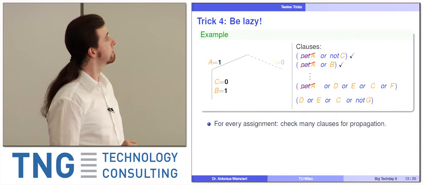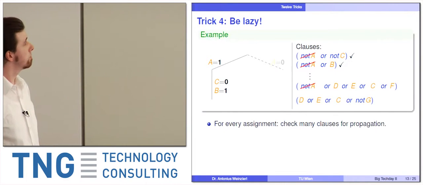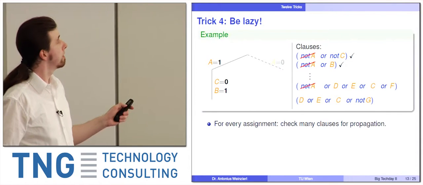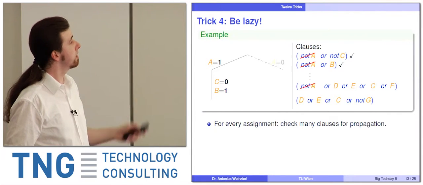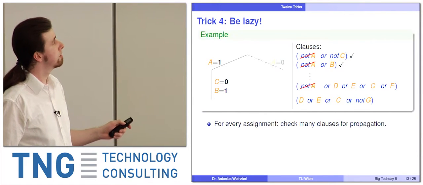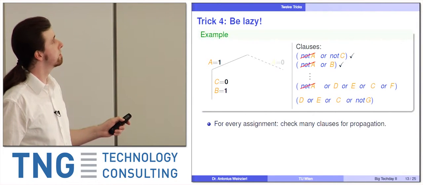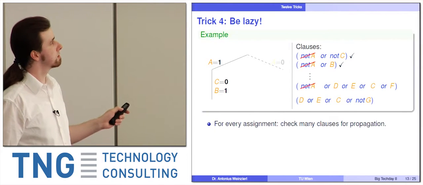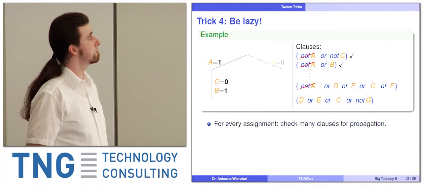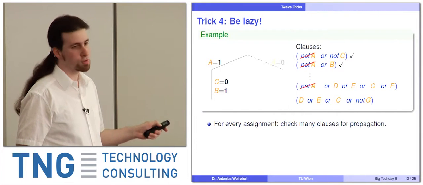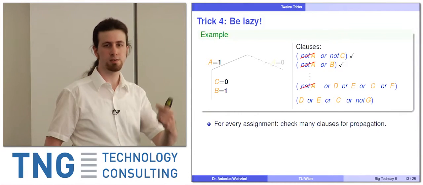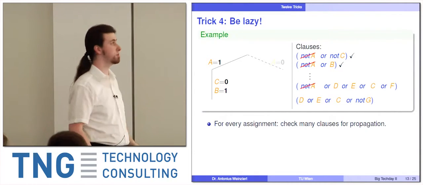Because, for example, if we have A is true, then we get C is 0 and B is 1. So for this assignment, C is 0 and B is 1, and also for the one here for A, we have to go through all the clauses and delete them from the clause so that we realize later on, this clause has now become unit.